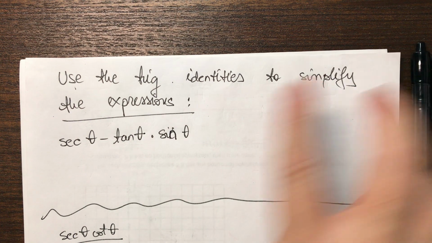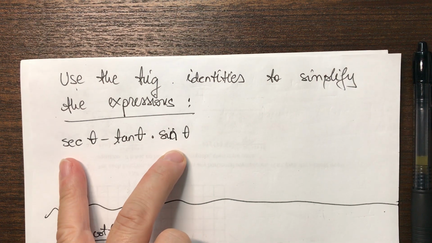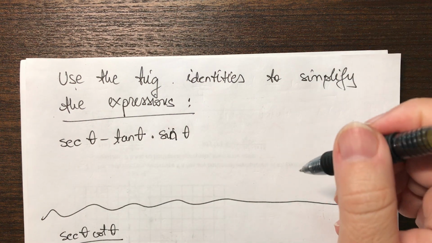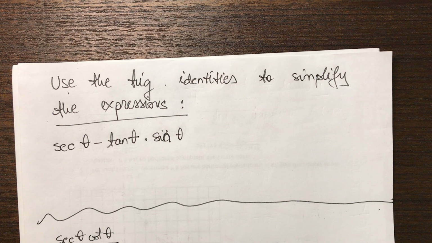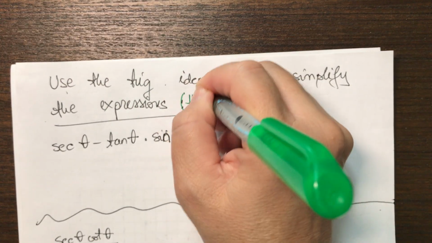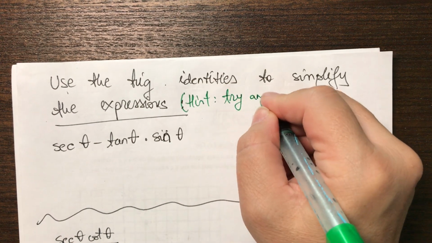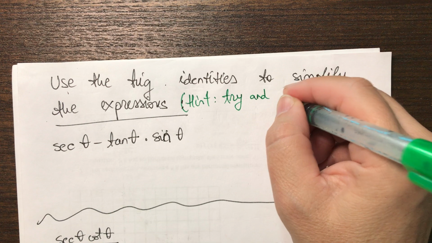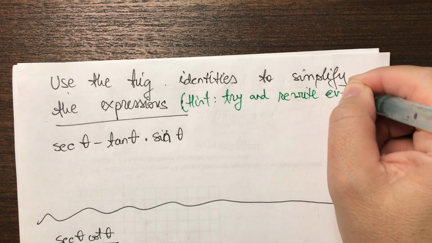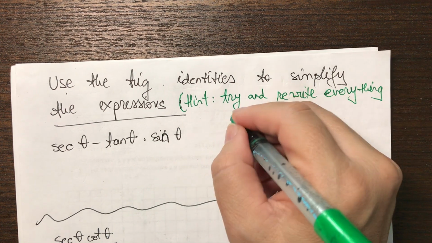So what we want to do all the time is, can we simplify this? Can we make it better looking? And then I can deal with it better. So how do I use the trig identities to simplify the expressions? I'm going to put it here as a hint, and that would be to try and rewrite everything in terms of sines and cosines.